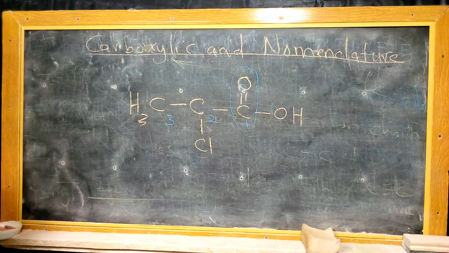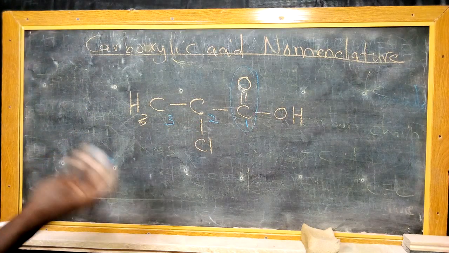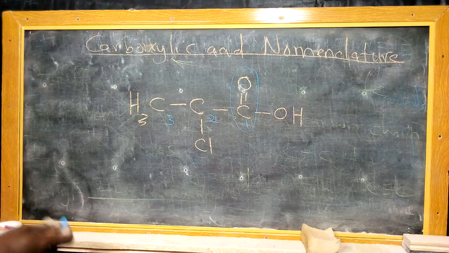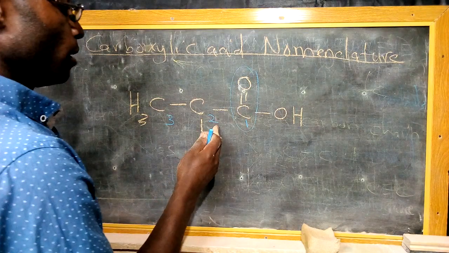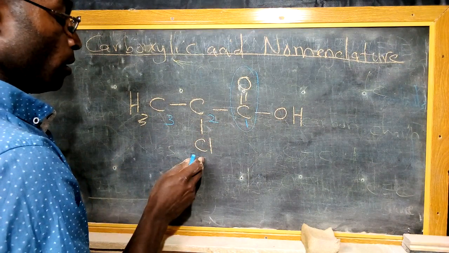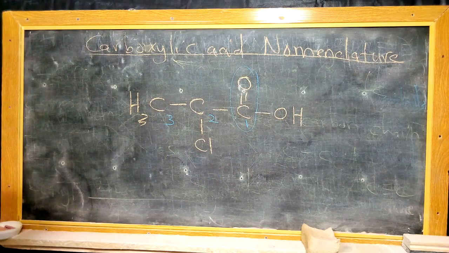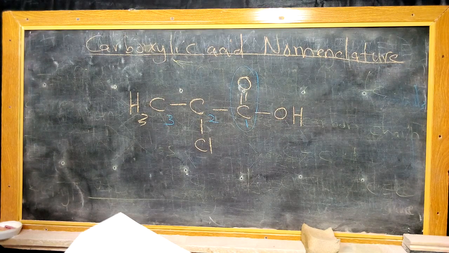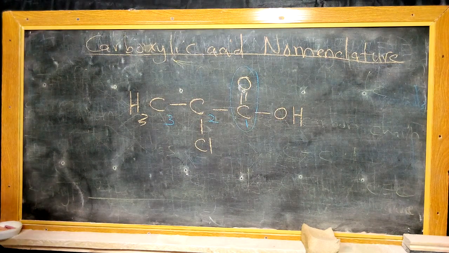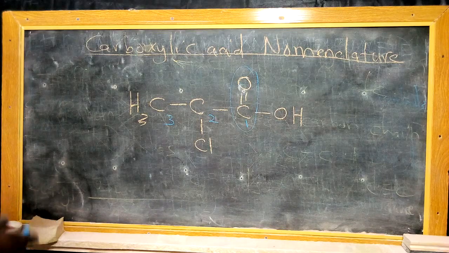This is the longest carbon chain. Of course, we do not have another carbon. It's simple to name. At carbon number 2, there is a substitution of hydrogen by chlorine, and that is the only substituent. So we shall start with the substituent and name this as 2-chloro.